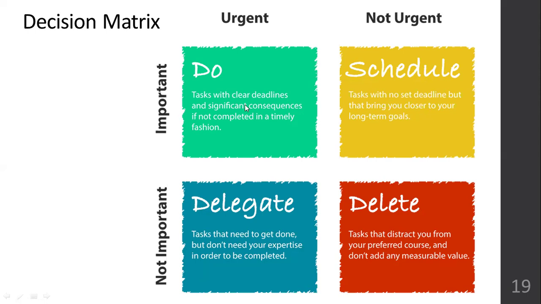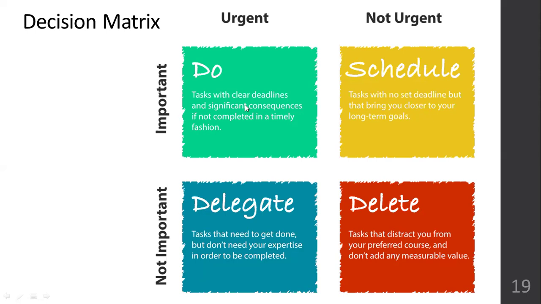Delegate means tell others to do it. So all these decisions can be made using the decision matrix. It basically helps managers to take decisions. So that is the decision making matrix.